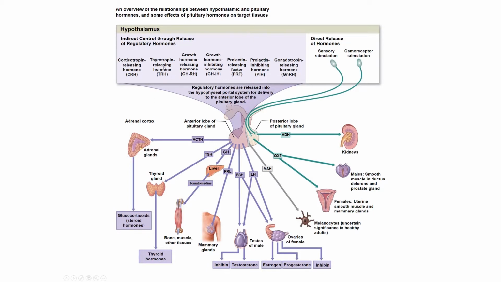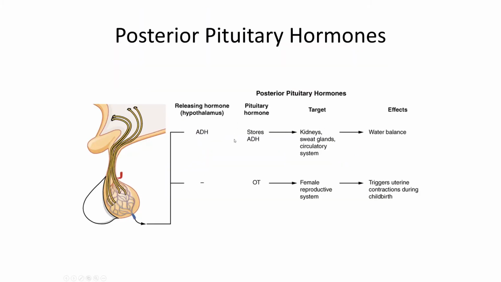And we're going to talk a little bit about this. We'll talk a lot about thyrotropin releasing hormone, TRH, when we talk about the thyroid, and we'll talk about growth hormone in depth, including growth hormone inhibiting hormone and growth hormone releasing hormone. So, for example, we have ADH, antidiuretic hormone. It is made by the hypothalamus and released by the posterior pituitary.